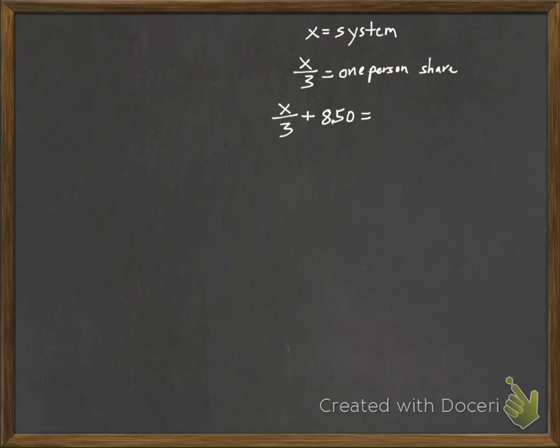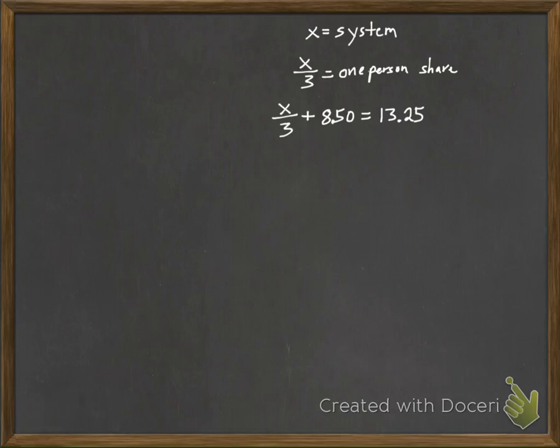And then it says that each person pays $13.25. Really, you're just writing the equation for one person, because everyone's doing exactly the same thing. So one person pays the cost of the system divided by 3 plus the $8.50 for a game. Does everyone follow the logic on that one?